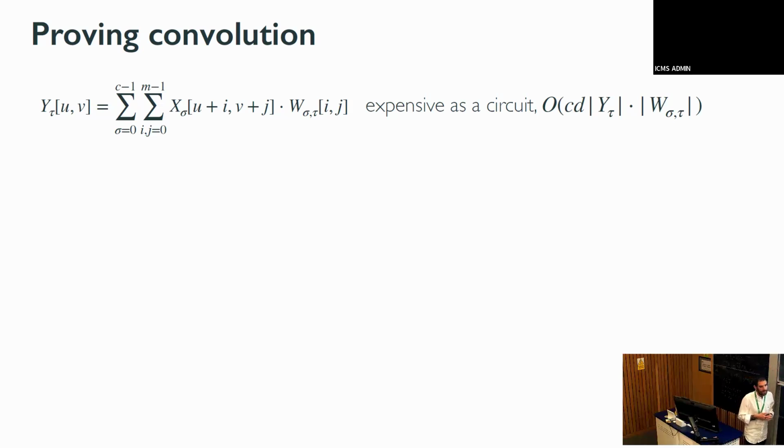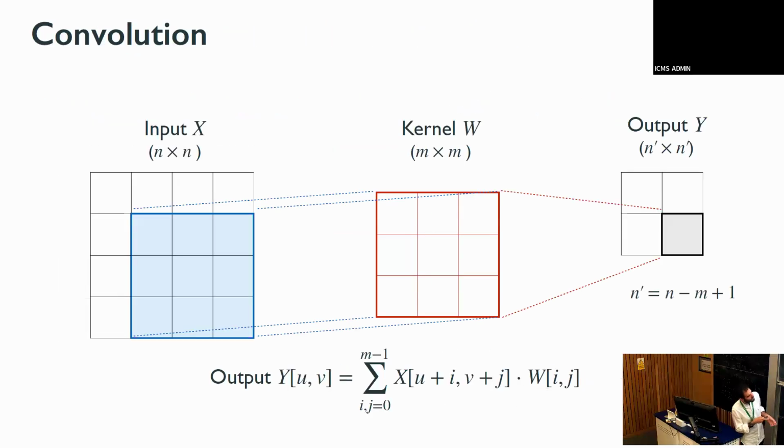It is a circuit that has size depending on the multiplication of input channels, output channels, size of each kernel, and size of the output. And the output is roughly the size of the input. I didn't show it, but essentially the dimension of the output is the dimension of the input minus the dimension of the kernel plus one.